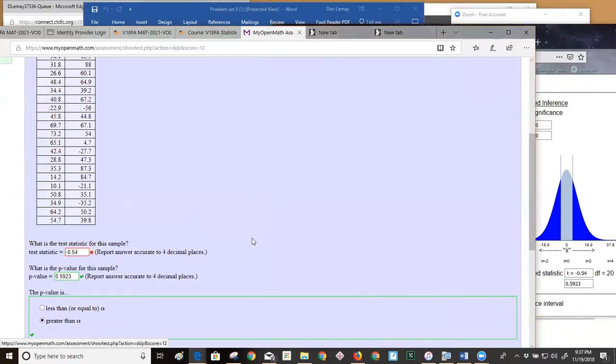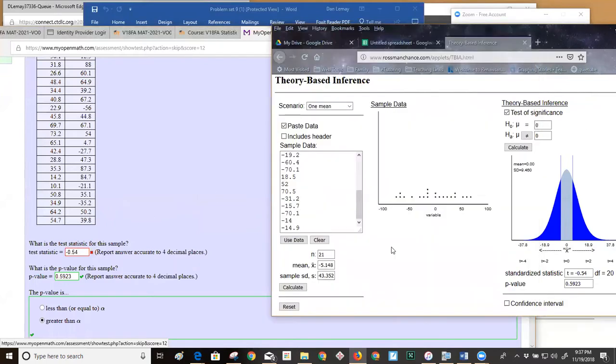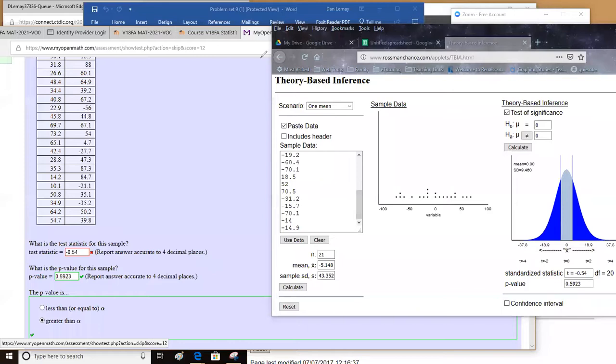I could certainly calculate that by hand, because it is just a t-test. I could do this minus 0 divided by here. Can I write on this? I can. This would be taken care of with a different calculator, but if I wanted to do this by hand without having to go find another calculator, let me get a board.